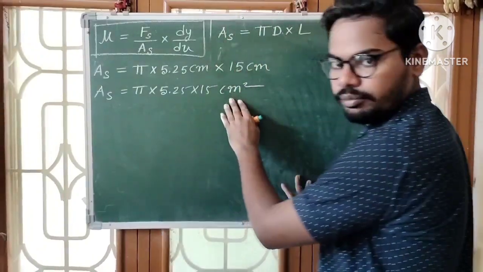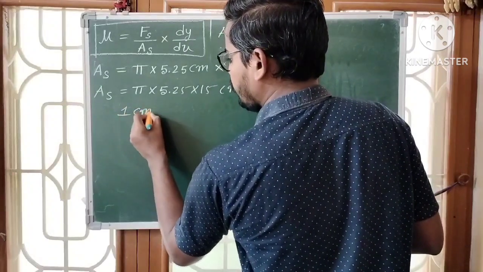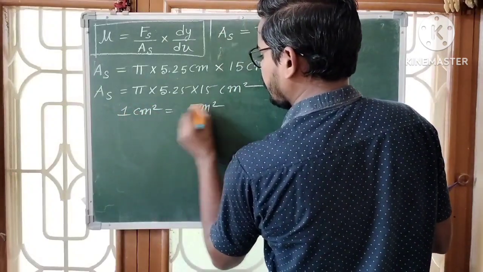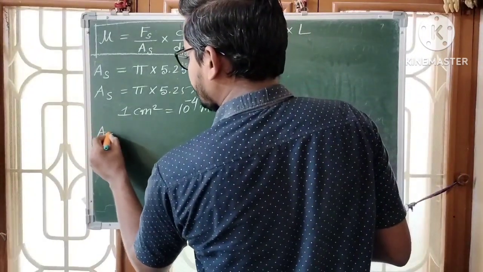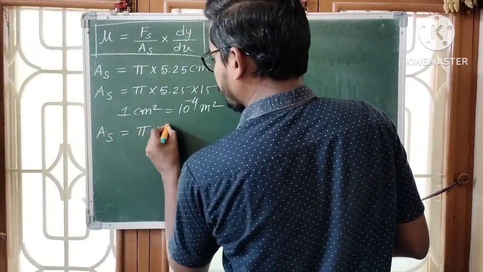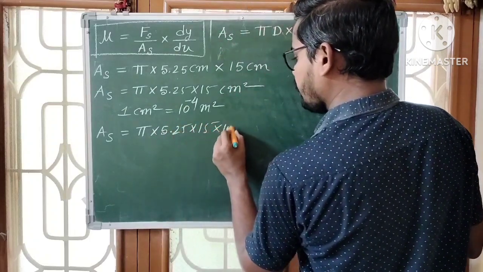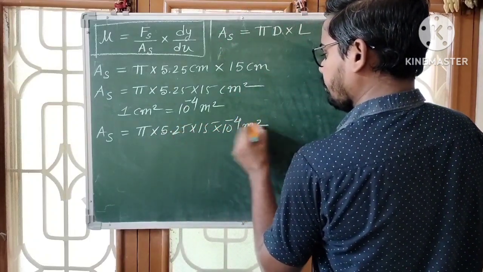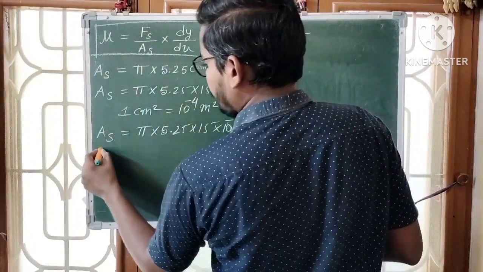Let us convert square centimeters into square meters. 1 centimeter square is equal to 10 to the power of minus 4 meter squares. So now As is equal to pi into 5.25 into 15 into 10 to the power of minus 4 meter square.